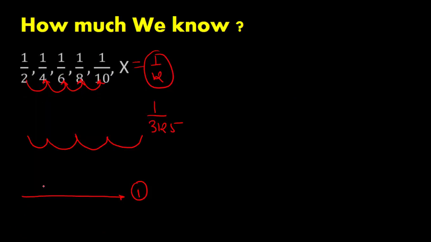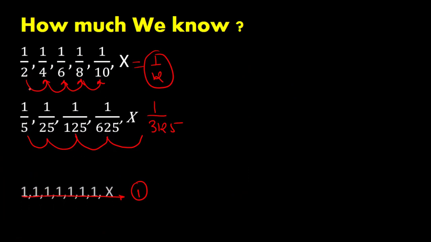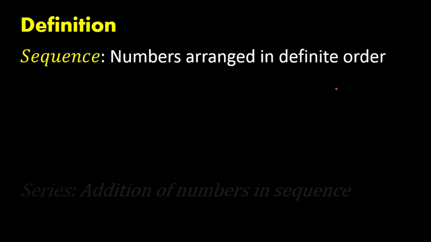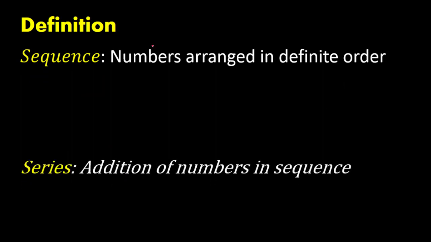And in the third, I am adding numbers to the denominator. I am doing the same thing for each and every term in this sequence. With the help of this, let's move on to what is a sequence and series.